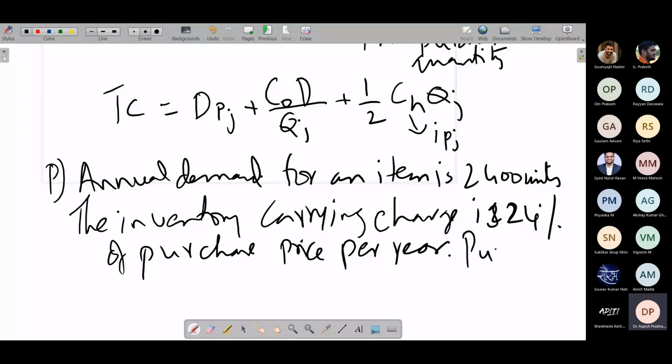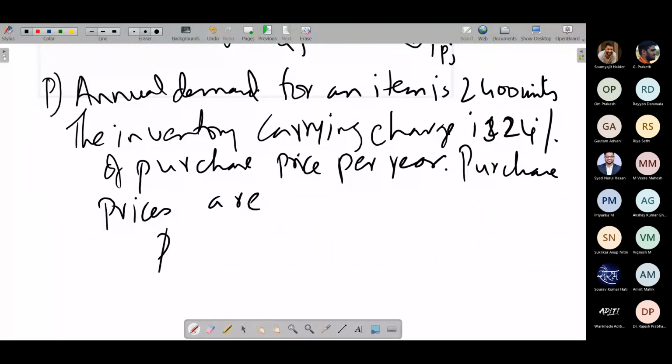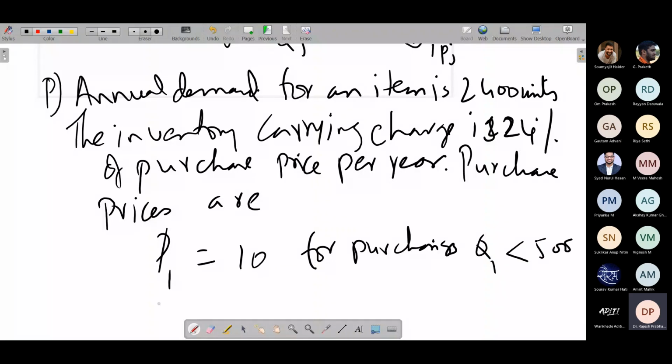Now the purchase prices are: P1 is equal to 10 for purchasing quantity less than 500.